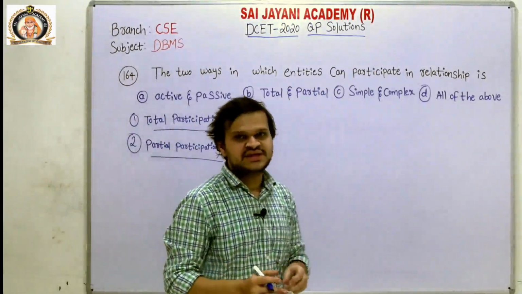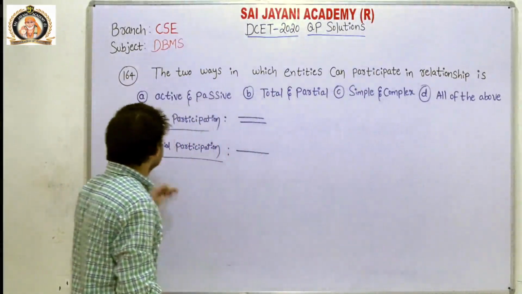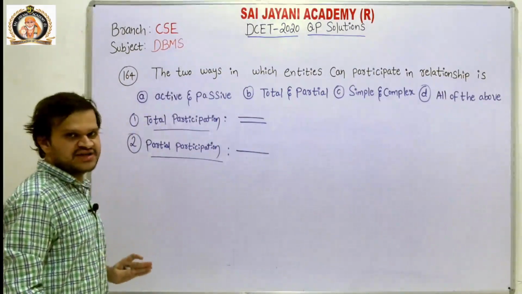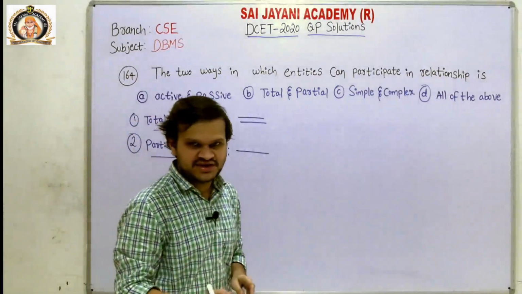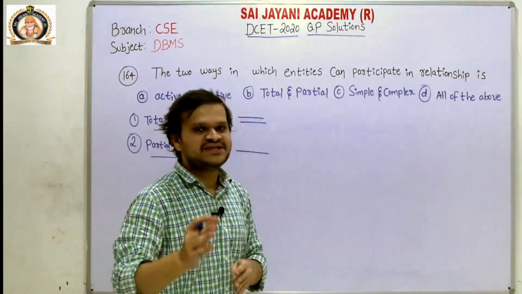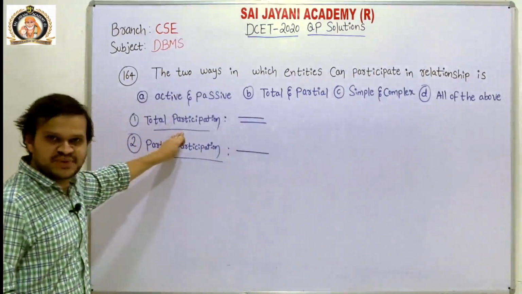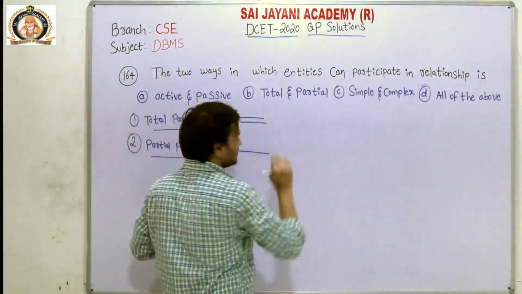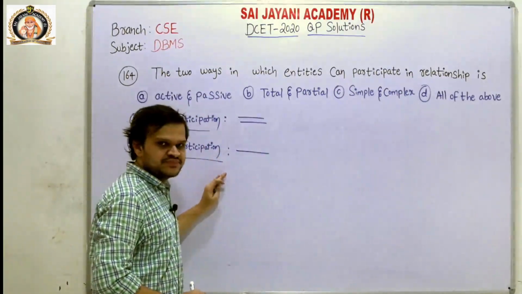The entities can participate in relationship in 2 ways. The first one is called as total participation. In total participation, each entity in entity set must compulsorily participate in at least one relationship, and this total participation is indicated by double line, and the second one is partial participation.